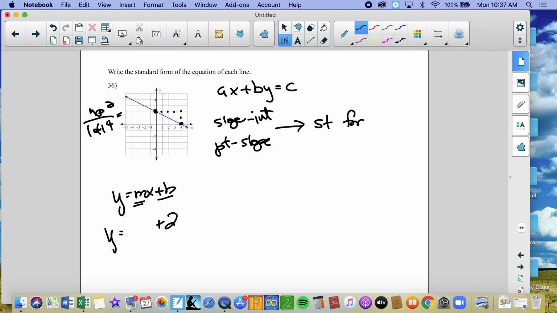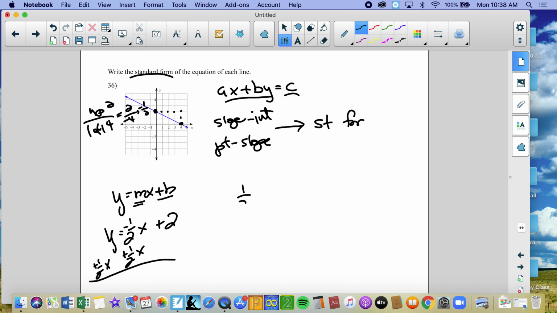So up is positive 2, left is negative 4. So that gives me negative 1/2. Negative 1/2 x. That is in slope-intercept form, but it asks for standard form. Standard form has x and y on the left side and the constant on the right. So I have to get the x and the y on the left side. So I'm going to add 1/2 x.